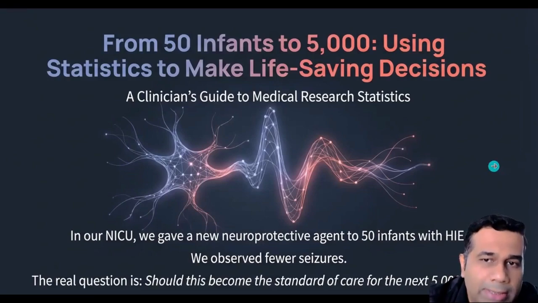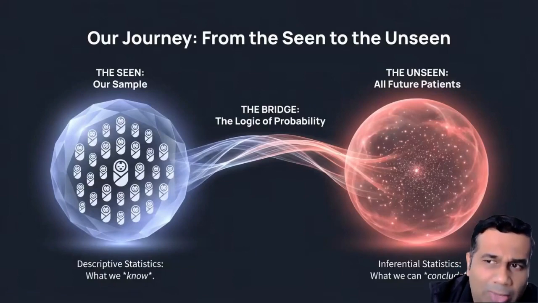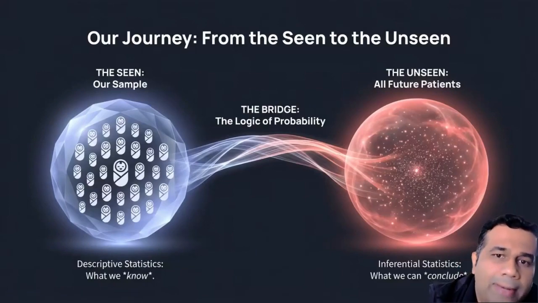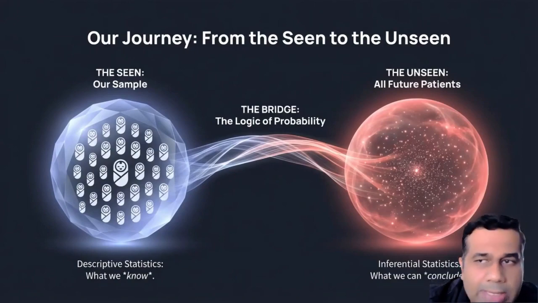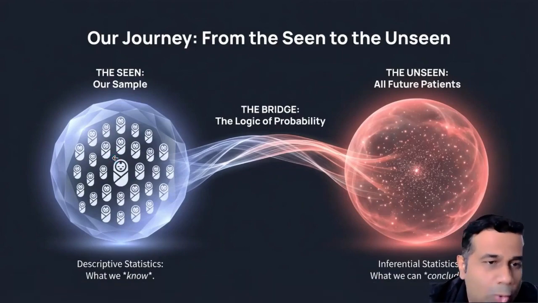So the way in which what we see in a sample can be extrapolated to future unseen patients is the basis of our journey in statistics. Here, the one on the left side is the one that we know right now. This is the 50 infants that you have treated using this wonder drug, and these 50 infants are called our sample.